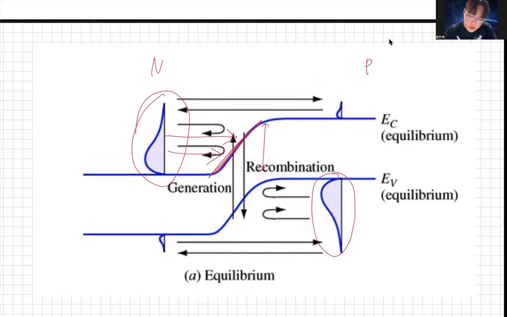and only a few carriers can move to the p side, but the p side already has a little electron concentration.